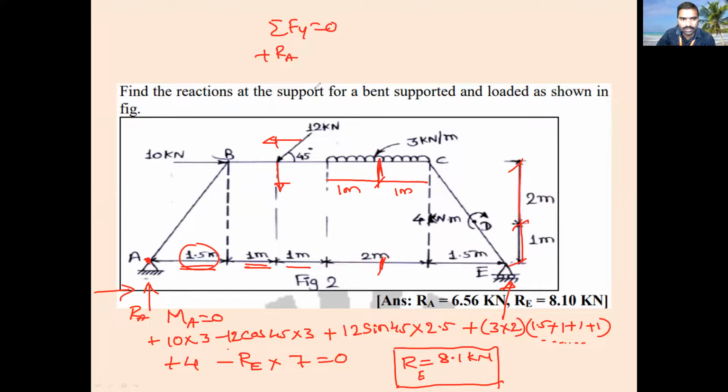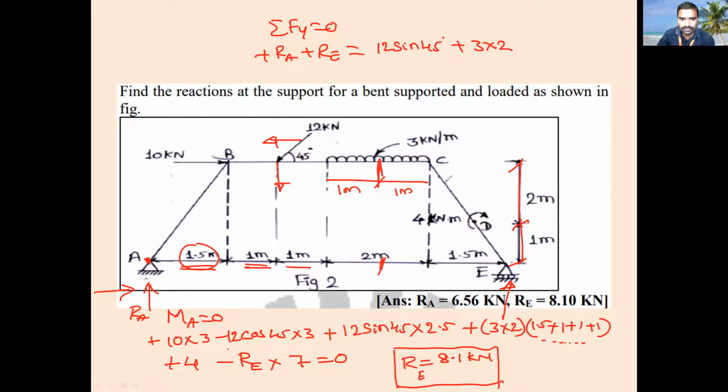RE is moving upward, plus RE. Upward forces equal downward forces. What are the downward forces? The downward component of the 12 kilonewton force, 12 sin 45. Then the UDL is downward, that is 3 into 2.